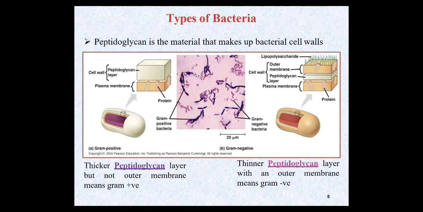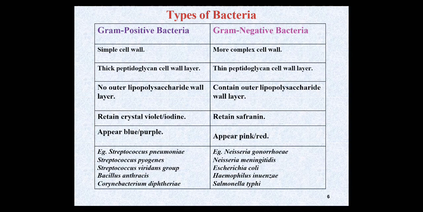Okay, next, fourth point: gram positive bacteria retain crystal violet or iodine color stain, and gram negative bacteria retain safranin stain. After staining, gram positive bacteria appear blue to purple in color. Why are we doing the staining between two bacteria?